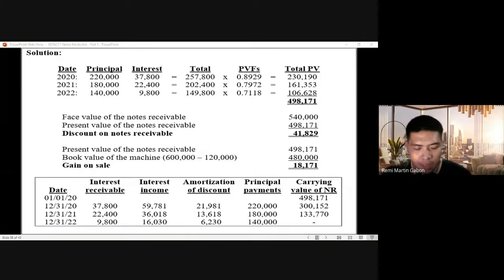Then minus 37,800, that gives 21,981. We add 21,981 to 498,171. How much is that, guys? Okay, calculator yours. Proceed. Compute.